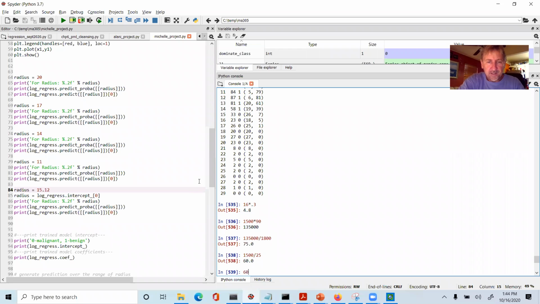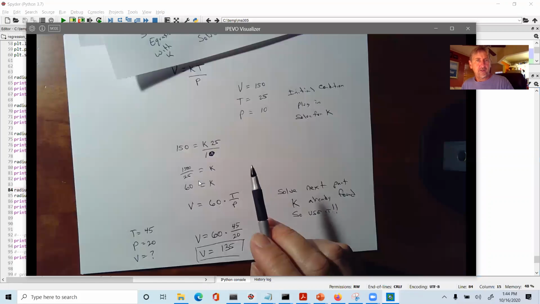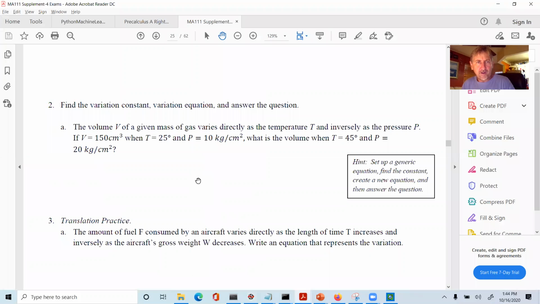So V equals 135. The units are in centimeters cubed, as they show here. You should always check to make sure all your units match, because sometimes you have to do a conversion between like grams and kilograms. But in this case, it's going to be centimeters cubed.